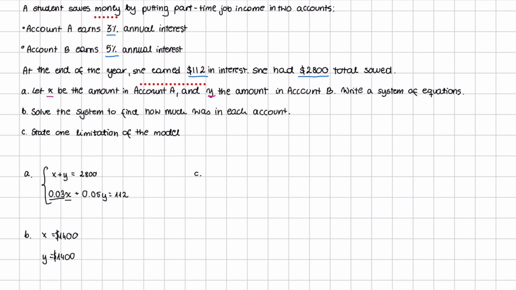And in C, we have to state one limitation of the model. So as you can see, our account A and account B earn a constant annual interest, but in real life banks can change them, so we assume that they are constant over the year and years, but in real life it's not like this.